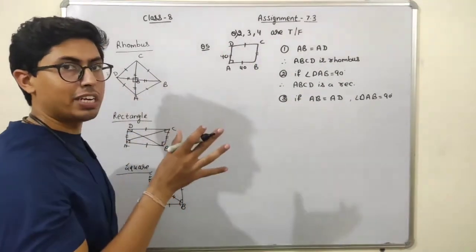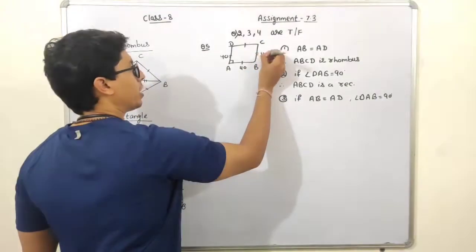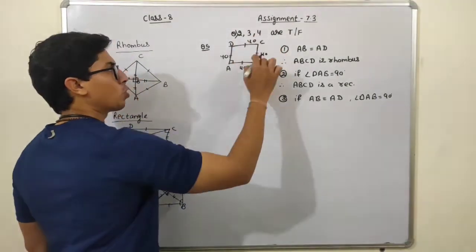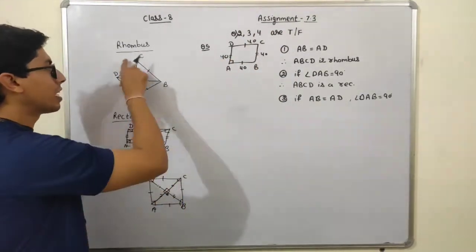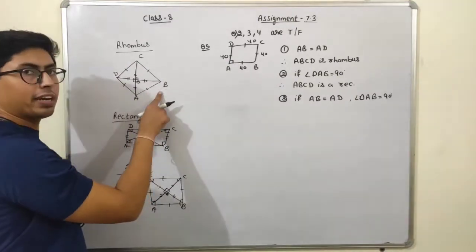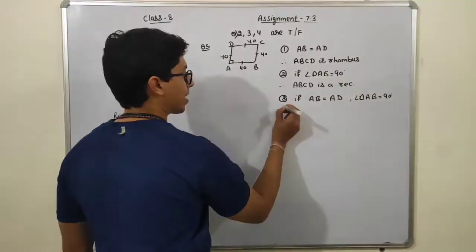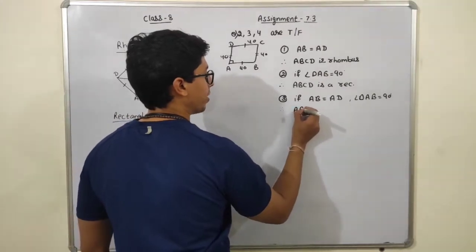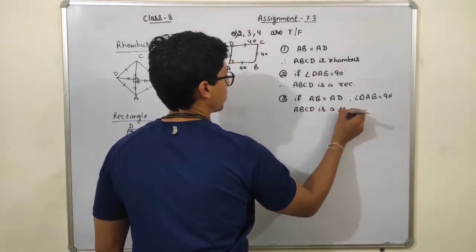Now because ABCD is a parallelogram, it is given in the question, opposite sides will be equal, 40 and 40. Now students, all the sides are equal and the angle is 90. See, in a rhombus all the sides are equal but the angles are not 90; it is only in a square. This implies that ABCD is a square. Therefore, ABCD is a square.